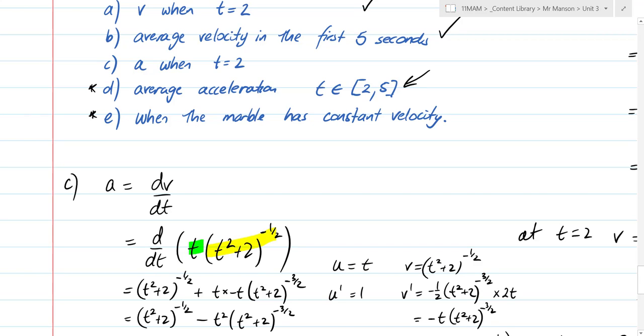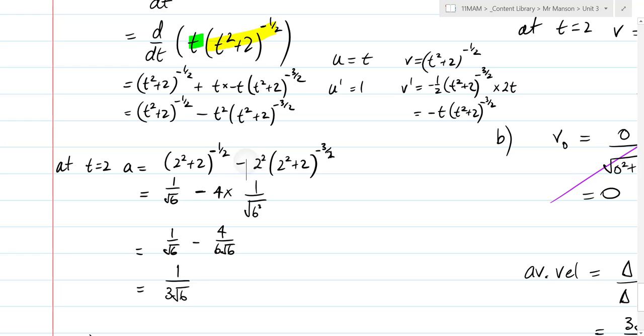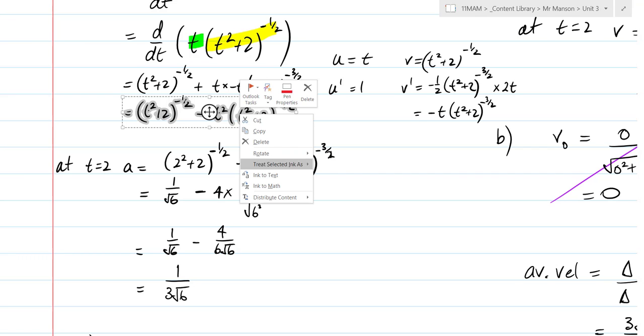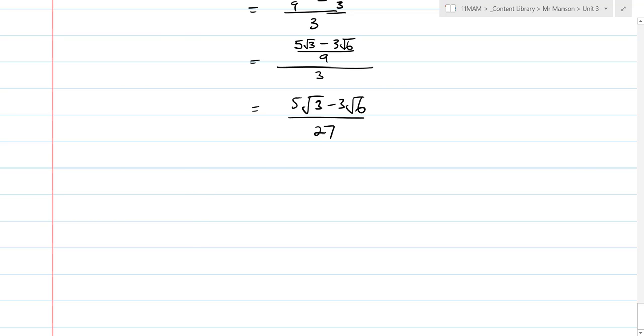Paste that, that's my acceleration, and I need to work out at what t does a equal 0, that's constant velocity, so I want (t squared + 2) to the power of negative a half minus (t squared + 2) to the power of negative 3 over 2 equal 0.